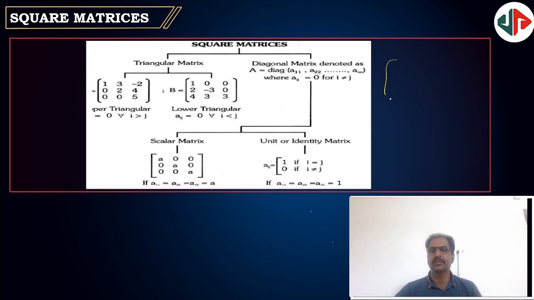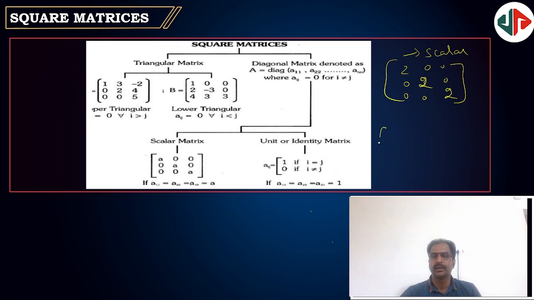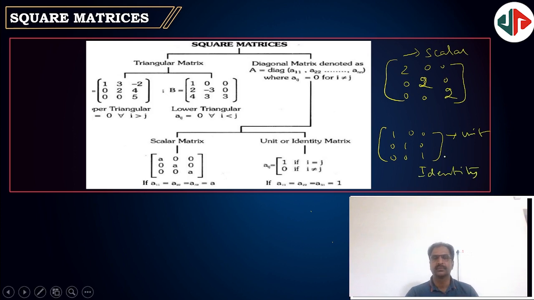Scalar means all the principal diagonal elements should be the same, and the remaining elements should be zeros. This is known as a scalar matrix. If all the principal diagonal elements are unity and the remaining elements are zeros, it is known as a unit matrix or identity matrix, denoted with capital letter I. So all these are given in the above table.